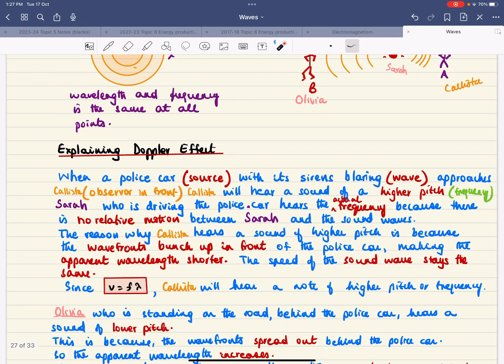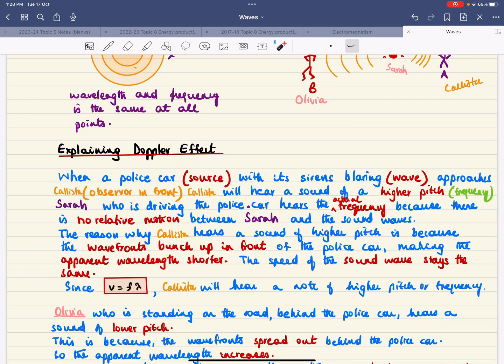Okay, so when a police car, that is the source, with its sirens blaring, so that's your wave, approaches Callista, an observer in front, Callista will hear a sound of a higher pitch or higher frequency. Sarah, who's driving the police car, hears the actual frequency because there is no relative motion between Sarah and the sound waves.